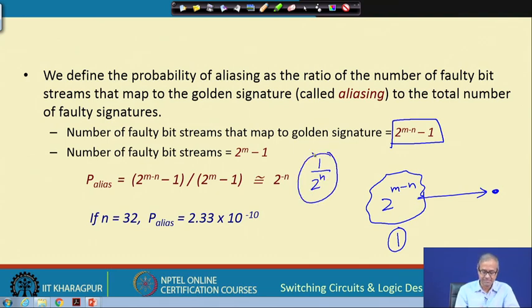And you see, even if you choose n equal to 32, this is independent of m. 1 by 2 to the power 32 is so small, the probability is something into 10 to the power minus 10. So, yes, there can be aliasing, but the probability of aliasing is very small. Because of this, people do use this technique, and a signature of size 32 or 64 is considered to be good enough.